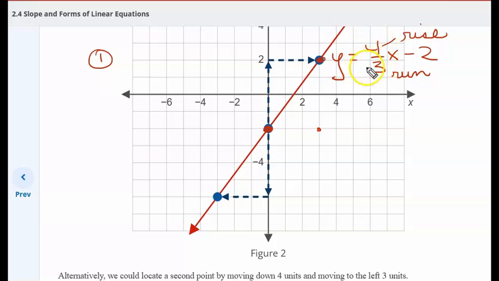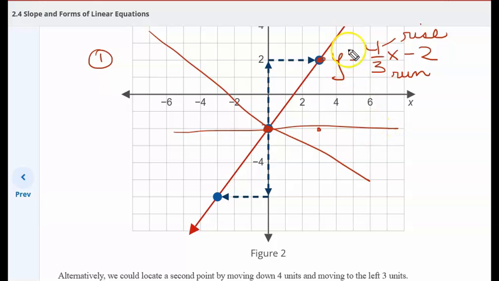This is positive slope. We'll see shortly if the graph starts high on the left and then goes down as you go to the right, that would be negative slope. And remember, horizontal line is 0 slope, vertical line, undefined slope.